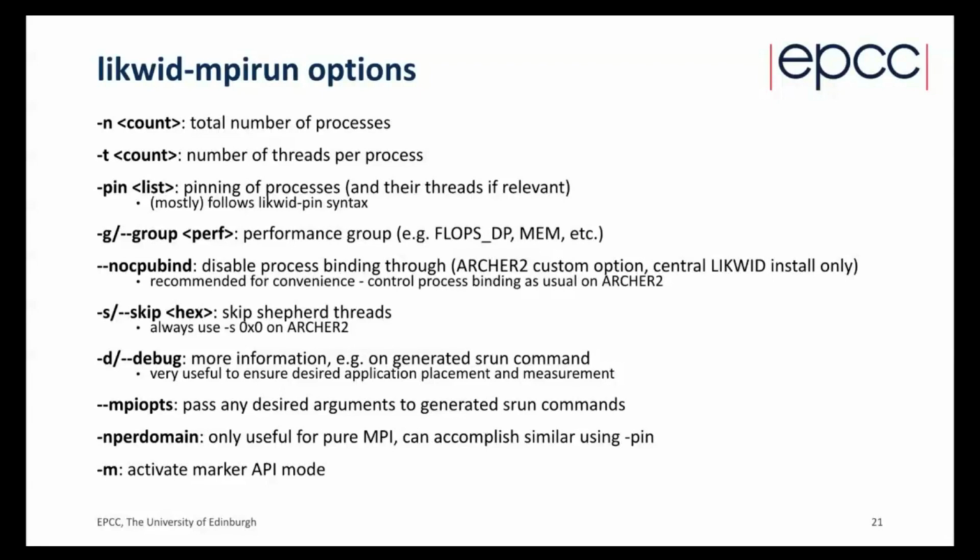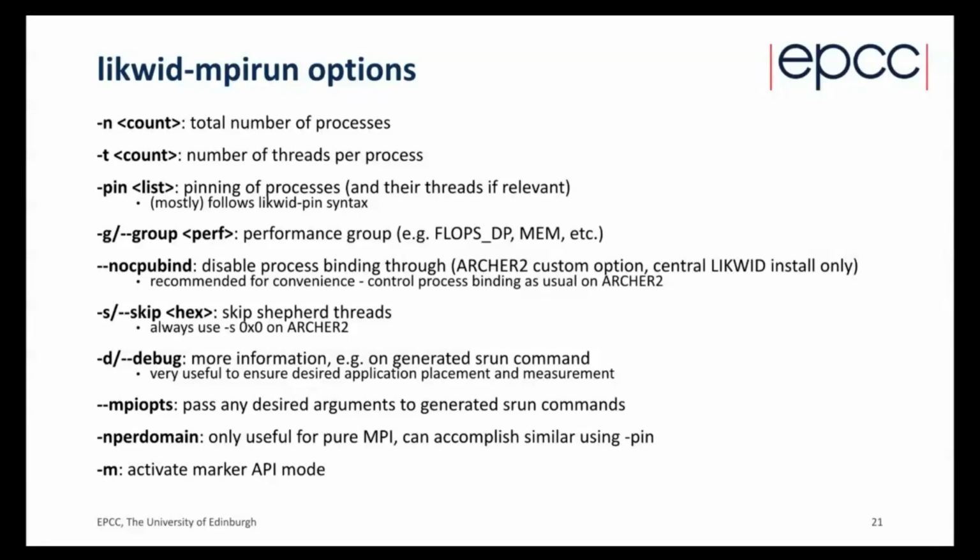Now, the option I skipped is the --no-cpu-bind option, which is an ARCHER2 custom option. It's not a bona fide LIKWID option. We added it because we wanted to provide a way for users of ARCHER2 who are used to running jobs the way that we recommend in the user guide, which leaves process binding to srun. We wanted to be able to do that because it's a natural, intuitive way compared to usually running jobs on ARCHER2.